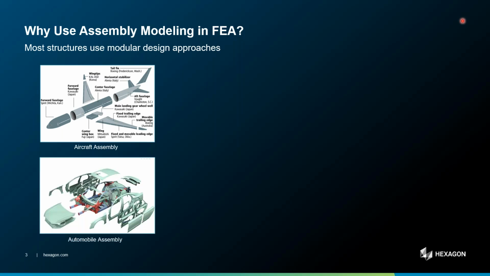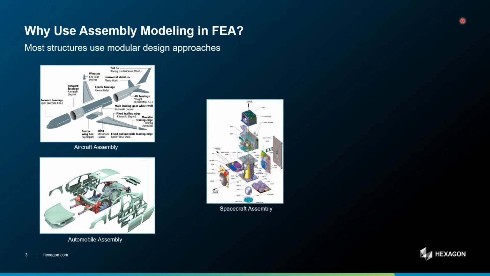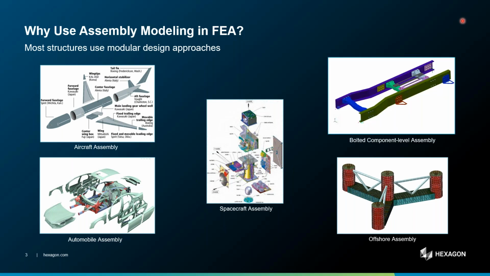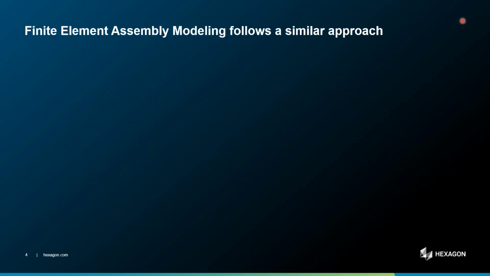That's true in automotive as well, and in the space industry. Offshore and shipbuilding, same kind of thing goes on. Even at a more local level, I might have a model that has several brackets that are the same, a lot of bolts that are the same, and it would be convenient to model this in a part and assembly manner as opposed to modeling it as a monolithic model.